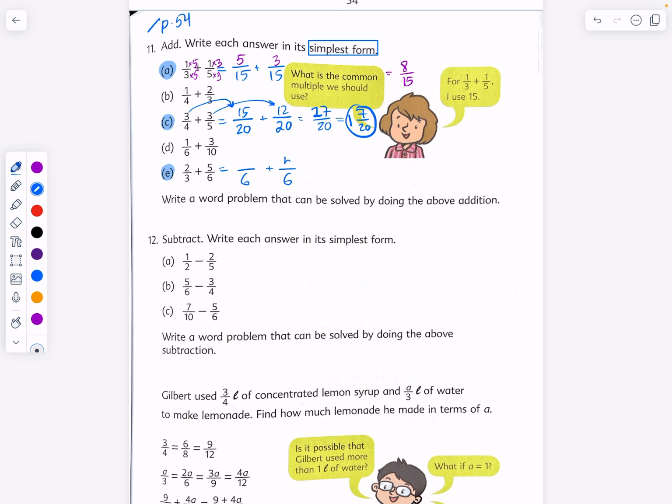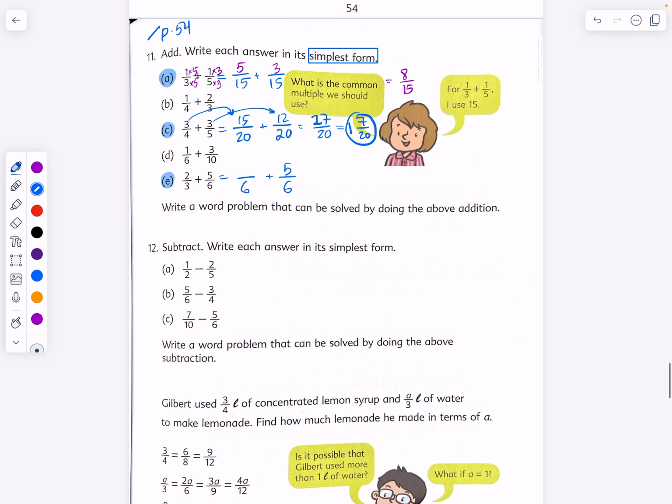We can keep the second addend as is. 5/6 can stay the way it is, and 2/3 can be transformed into the equivalent fraction of 4 out of 6. The result is 9/6, which is the same as 1 and 3 out of 6, or 1.5, a mixed number.